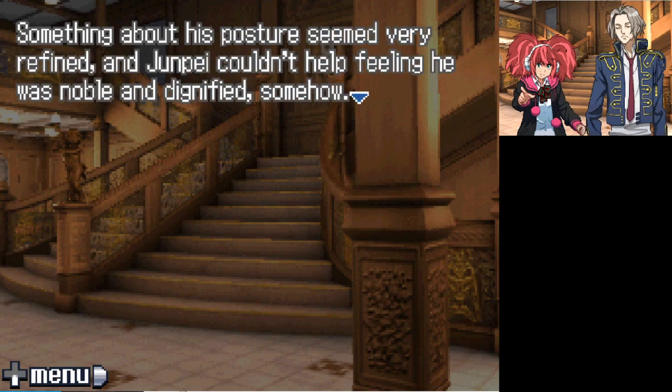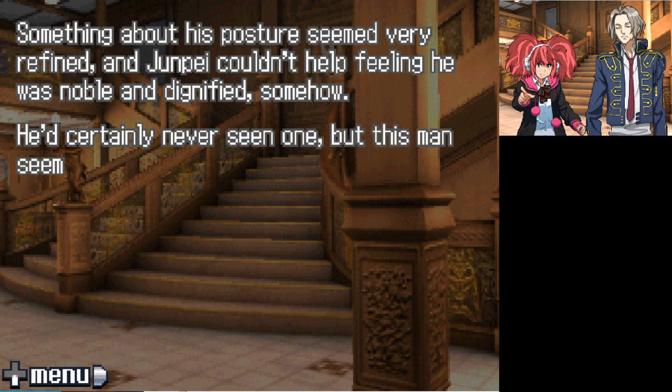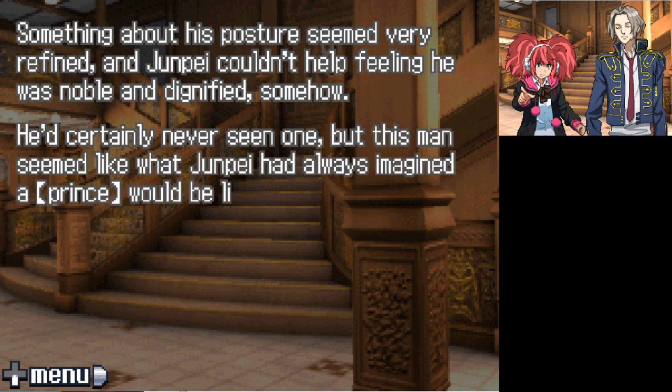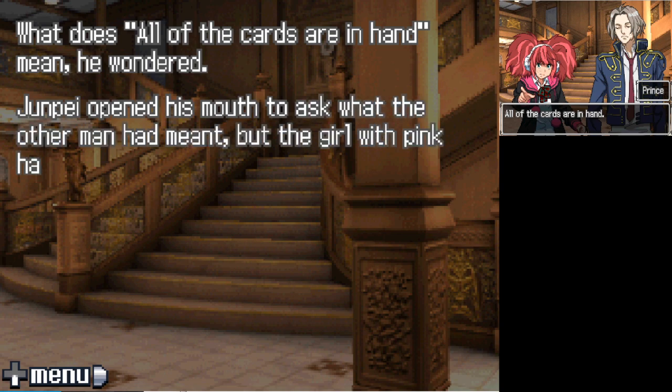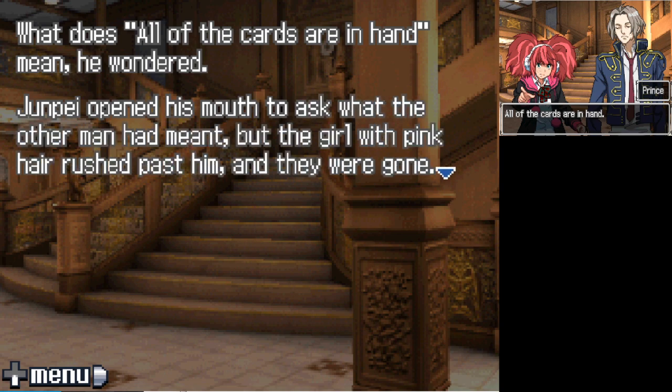Junpei couldn't help but feel he was noble and dignified somehow. He certainly had never seen one, but this was the man who seemed like what Junpei had always imagined a prince would be like. "That's nine of us, then. All the cards are in hand." What does "all the cards in hand" mean? he wondered. Junpei opened his mouth to ask what the other man had meant, but the girl with pink hair rushed past him, and they were gone.